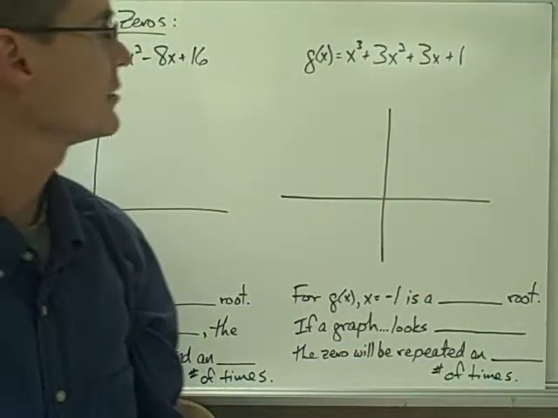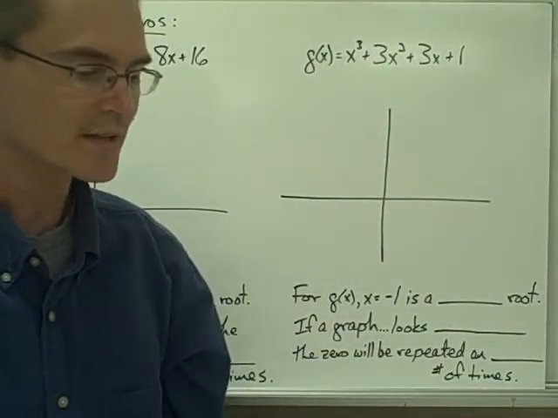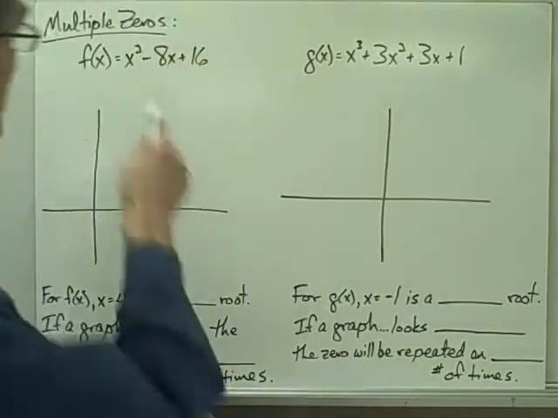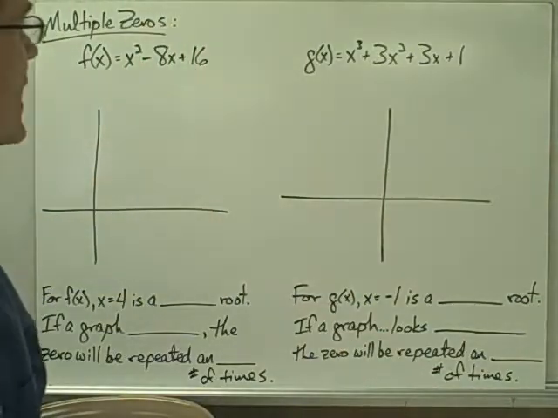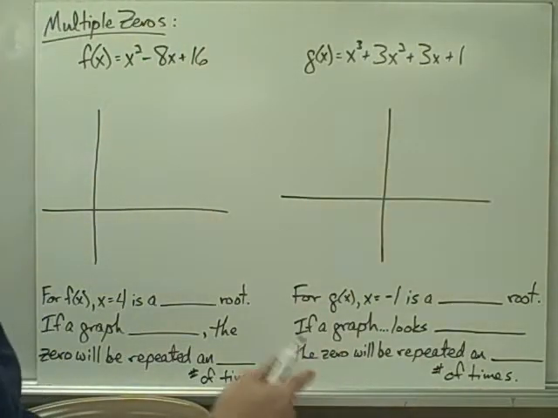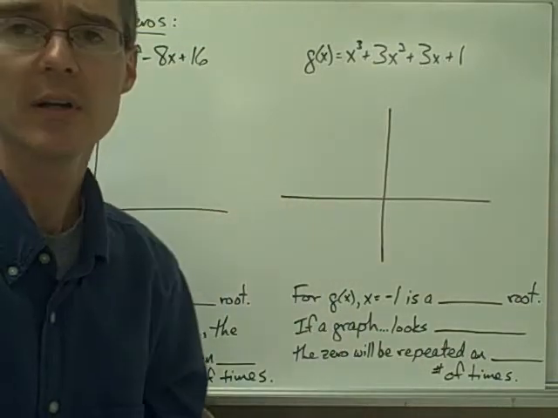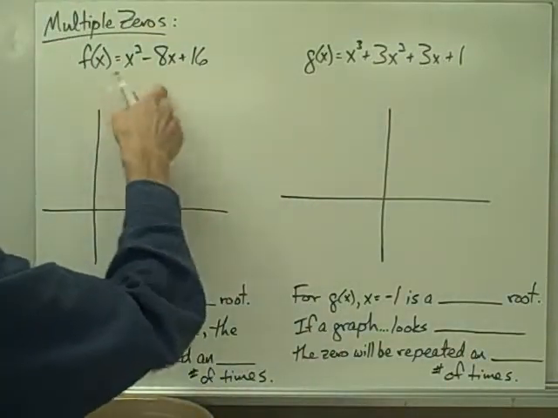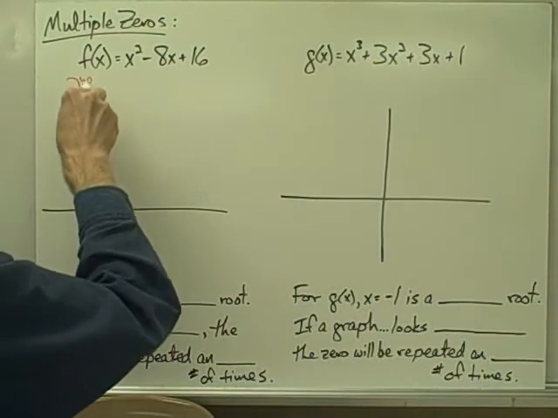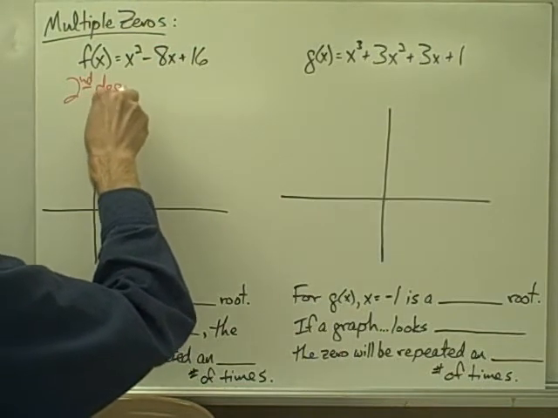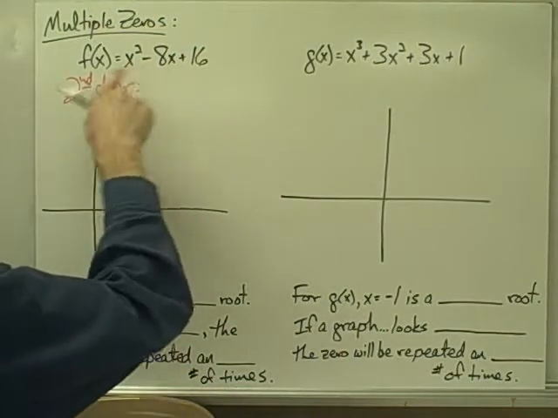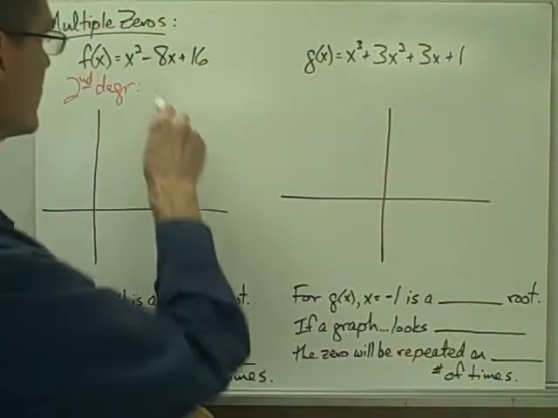Now, let's take a look at something that is referred to as multiple zeros. So take a look at these two functions here, f of x and g of x. Based on what we have looked at so far, since this function is a second degree function, I would expect that it would have 2 zeros, right?